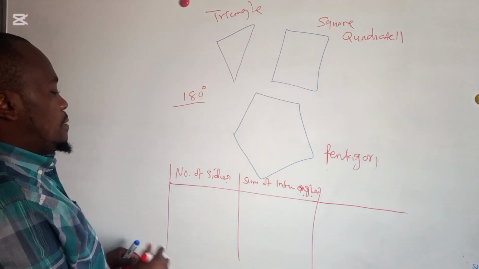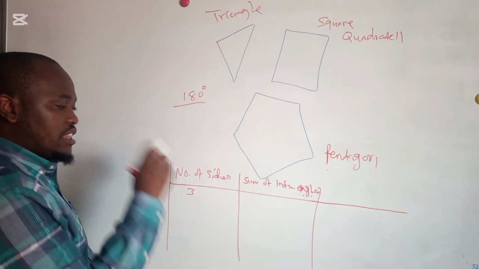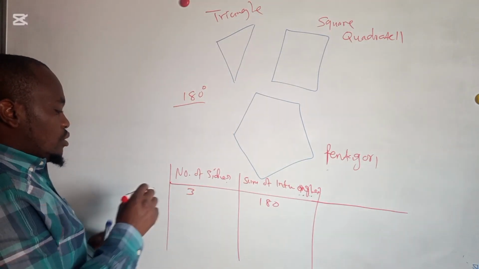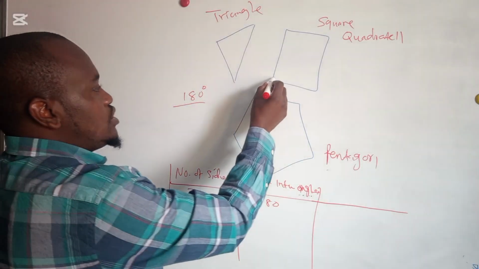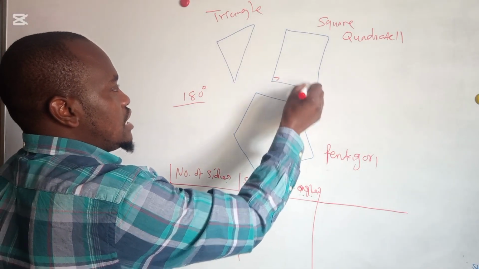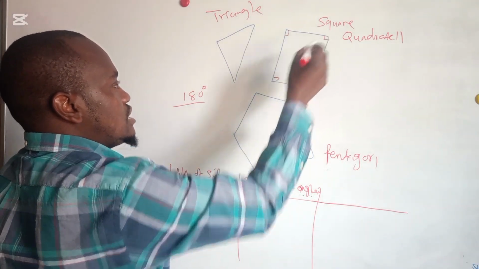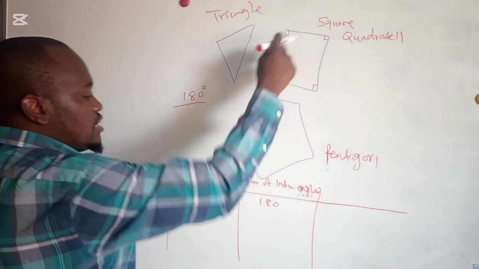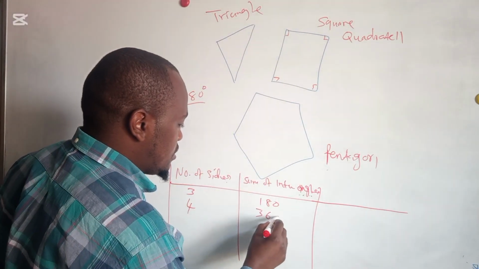So we know if it has 3 sides, it is 180. If it has 4 sides, again we know this one: 90 degrees, 90 degrees, 90 degrees, and 90 degrees. If all sides are equal, the 4 sides, if you add them, they'll give you 360.